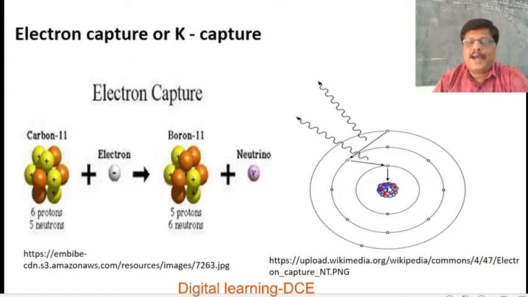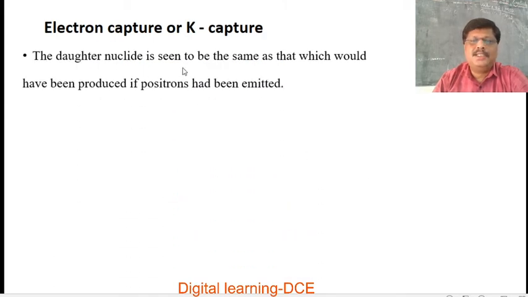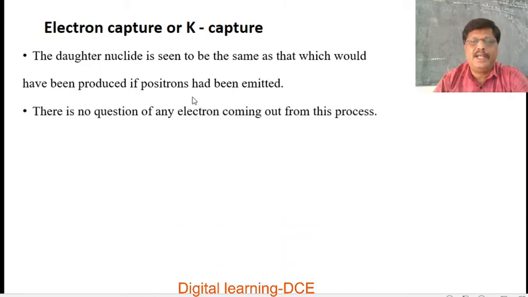So the nucleus captures an electron in the K shell, which is nearest to the nucleus. Therefore, it is called orbital electron capture or K capture, and this unstable nucleus becomes stable by converting one proton into a neutron, which takes place in proton-rich nuclides. The daughter nucleus is seen to be the same as that which would have been produced if the positron had been emitted.